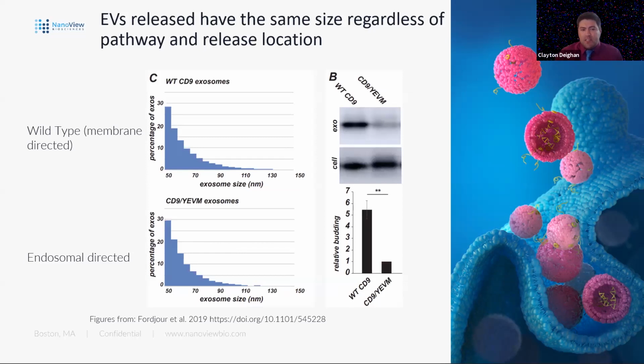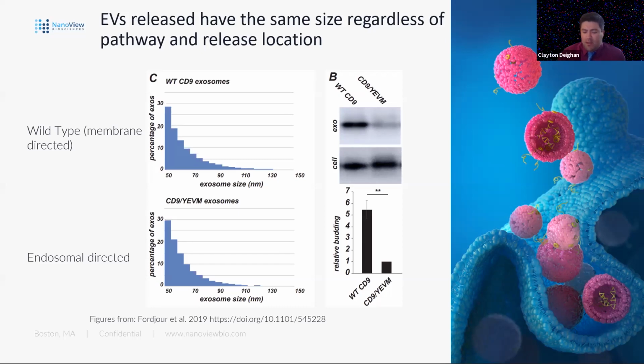So all things being considered, are they bigger or smaller, or what is their exact size may not be discernible. But the fact that these are the same size is almost certain based on the intensities they give us back from the interferometry and the size distributions that can be perceived when they're bound based on the wild type display of the normal tetraspanin or the display of this endosomally or membrane directed modification.